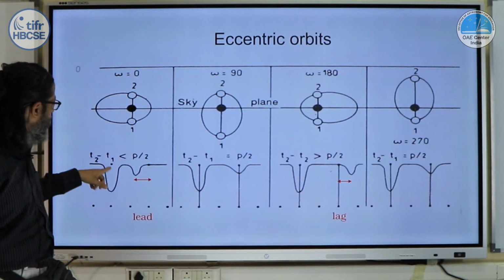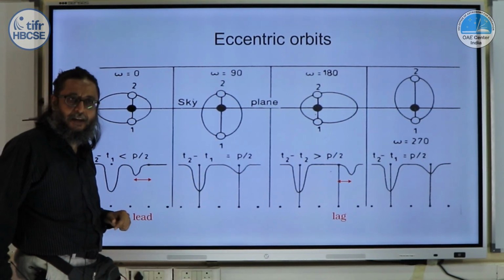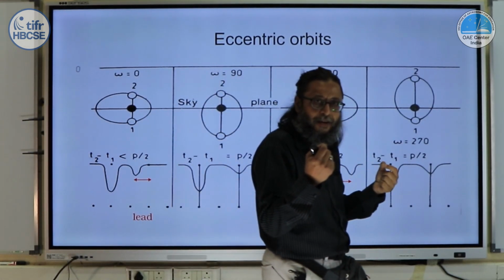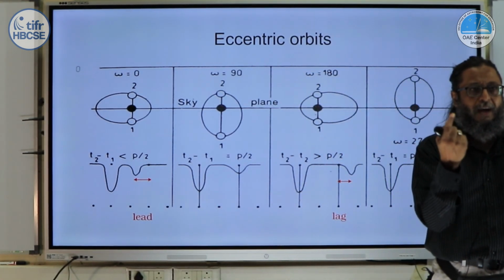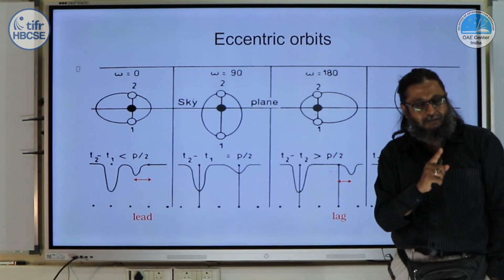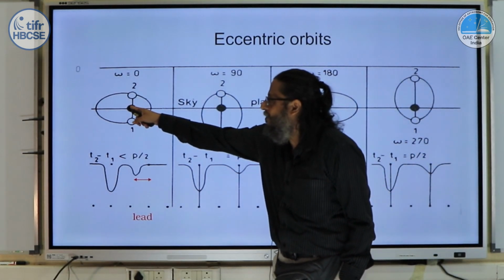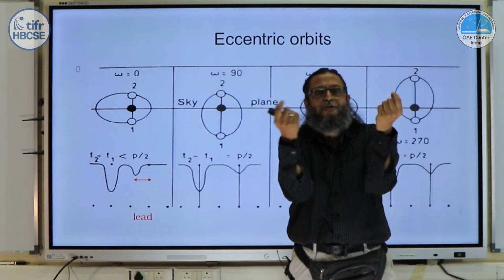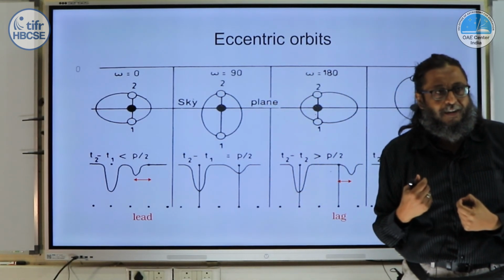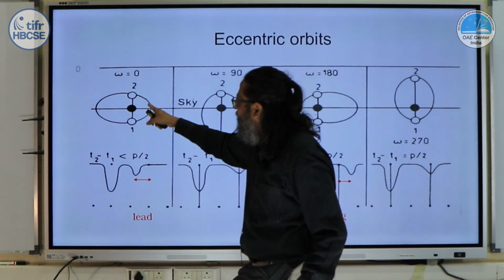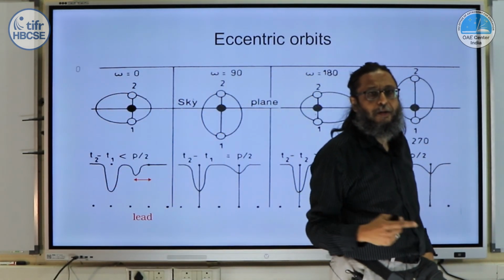So, looking at the light curve of these eclipsing binaries, at the points of minima, you can measure the orientation of the ellipse. What we mean by orientation is how the foci of the ellipse are oriented towards the line of sight, and the relative position from which we are measuring these binary parameters.